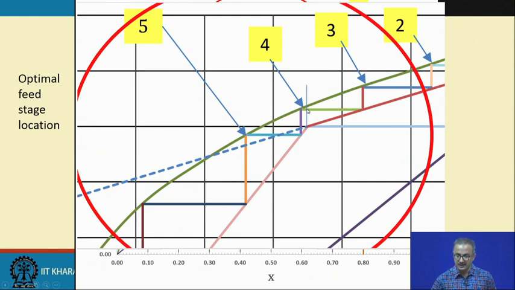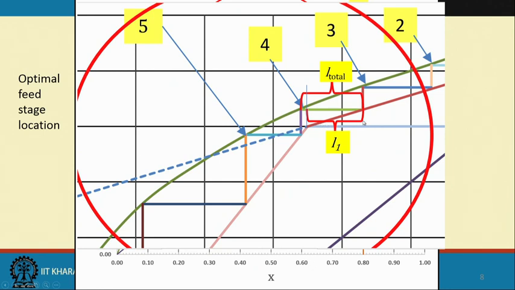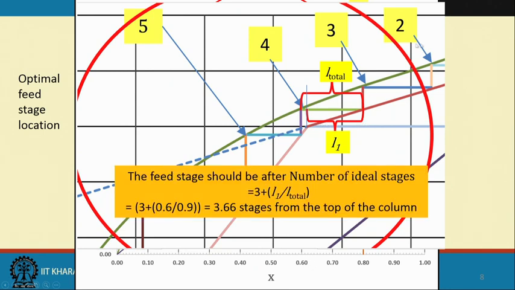Again we do the same calculation as before: we find the two lengths, the total length and this particular length, and we get this ratio. We find that these are 1, 2, 3 complete ideal stages plus this fraction, coming out to be 3.66 stages from the top of the column. That is how we locate the feed point for the distillation column.